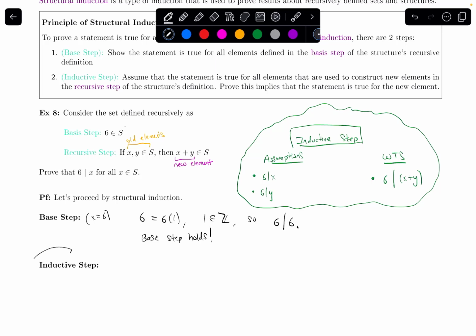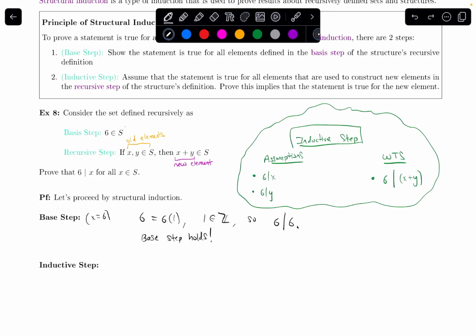All right, so we are on to the inductive step. In the inductive step, remember, we assume that the statement I'm trying to prove, that 6 divides these elements, is true for the old elements that are used to build new ones in this recursive rule. The old elements are, in this case, x and y.